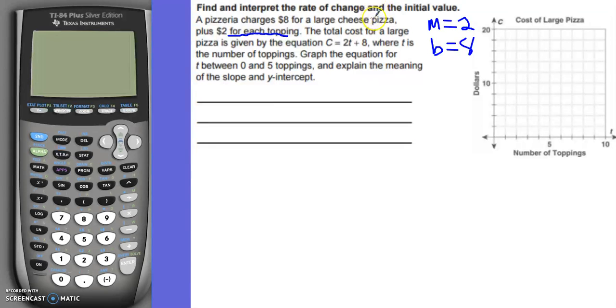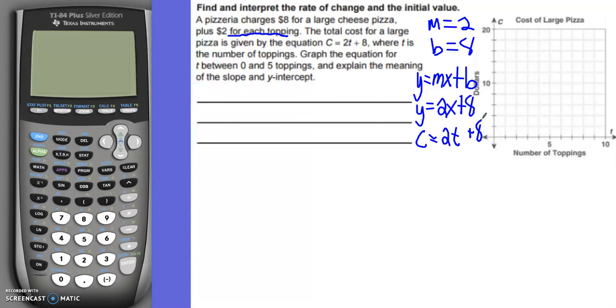Okay, so if we're going to look at this, typically we usually write it down in y equals mx plus b format, and we would say y equals 2x plus 8. But we need to be aware of the variables they're using. So in this case, our y is c, and the x is the t.